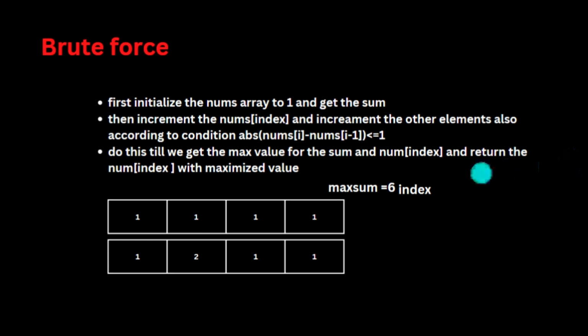Then we increment nums[index] and the other elements also, and we get the sum, so that index is maximized.